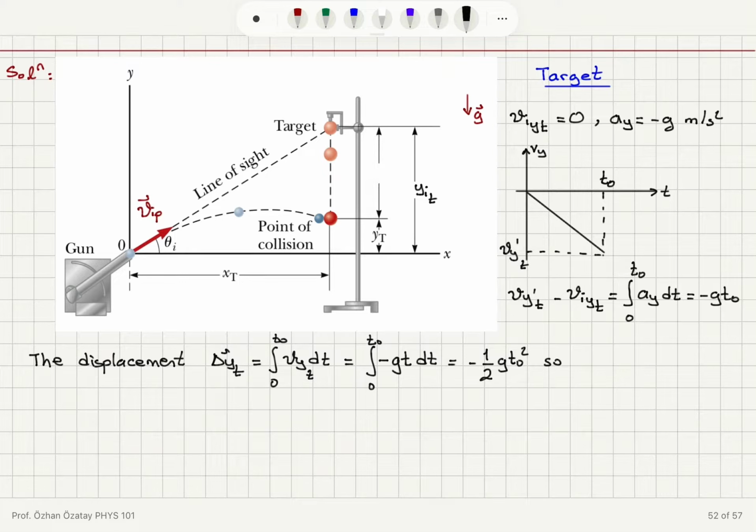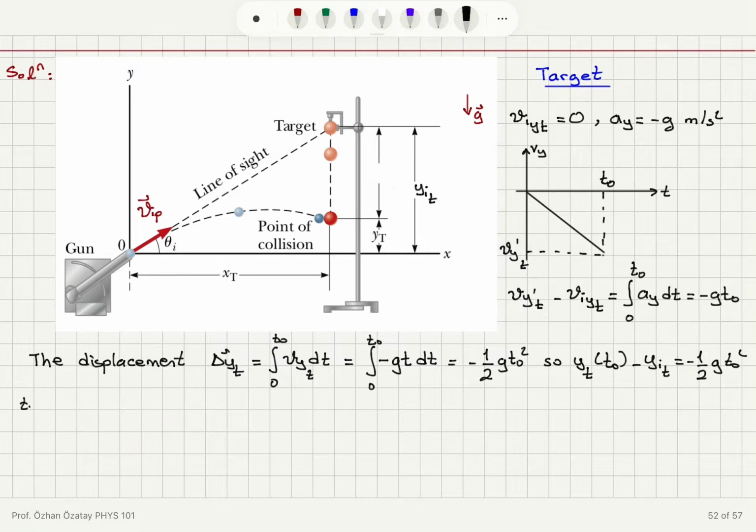So I find that the initial position of the target and final position of the target are related by the target position at the end of the time of flight minus the initial position of the target is minus 1/2 g t0 squared.